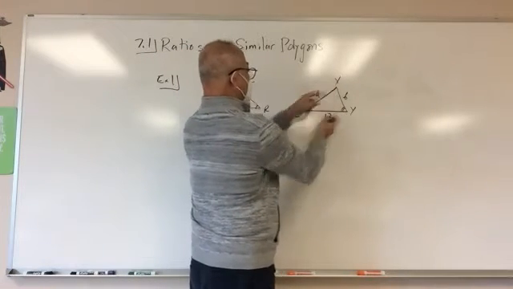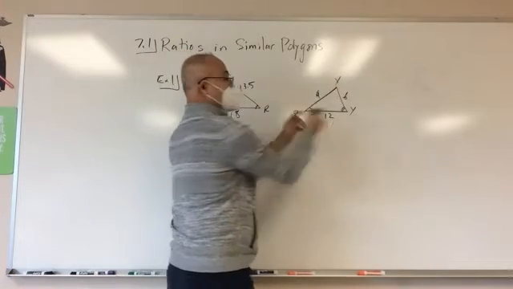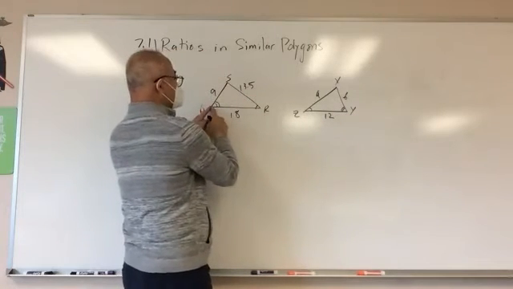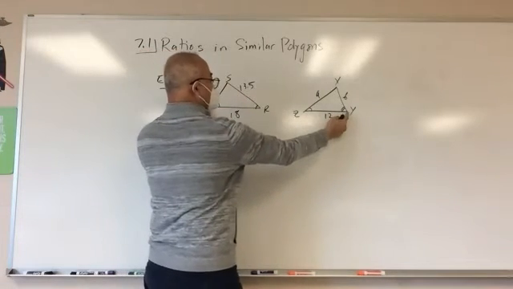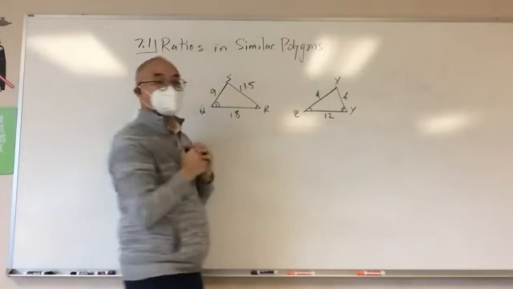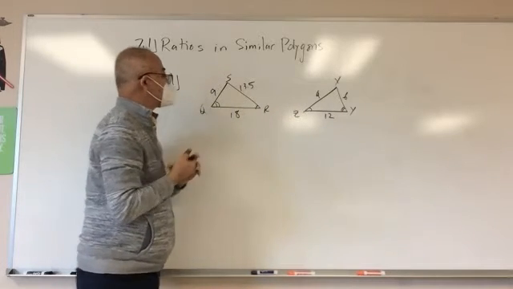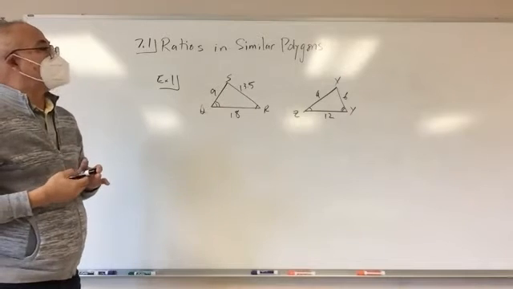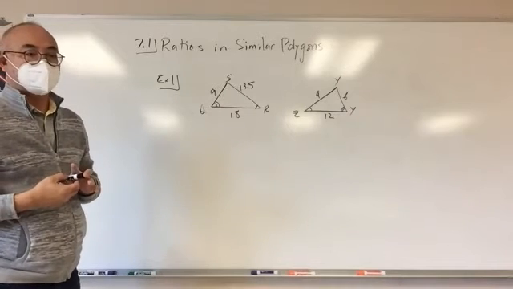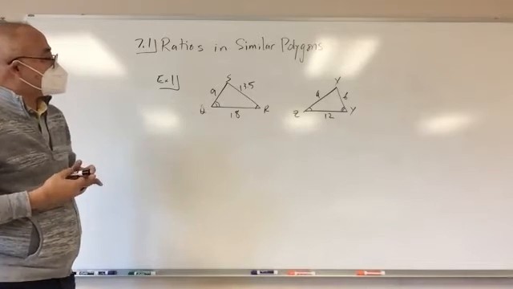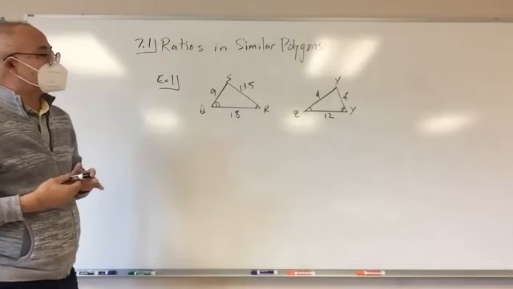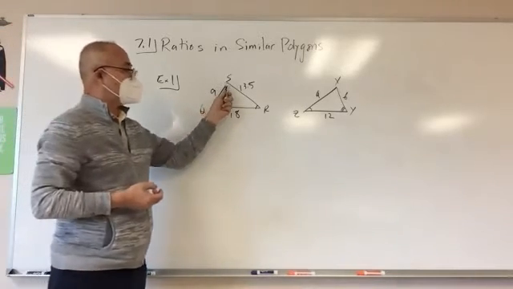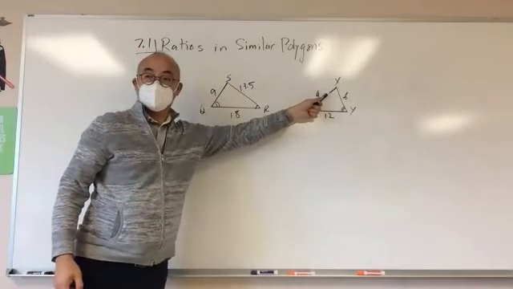YZ, right? Actually, it is YZ, not ZY, because we're going from this side to this side, correct? What is the corresponding length to QS? YX, right? What is the corresponding angle to angle S? The angle X, right here.